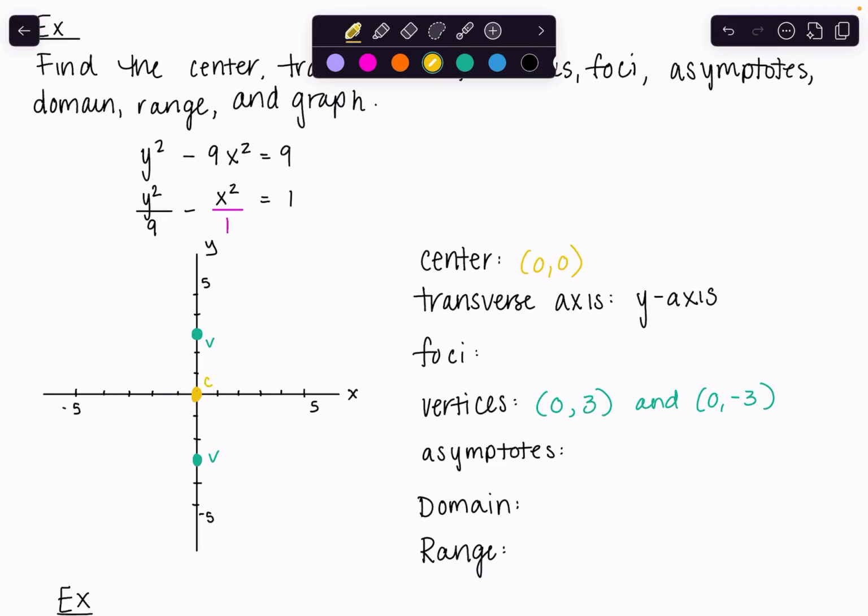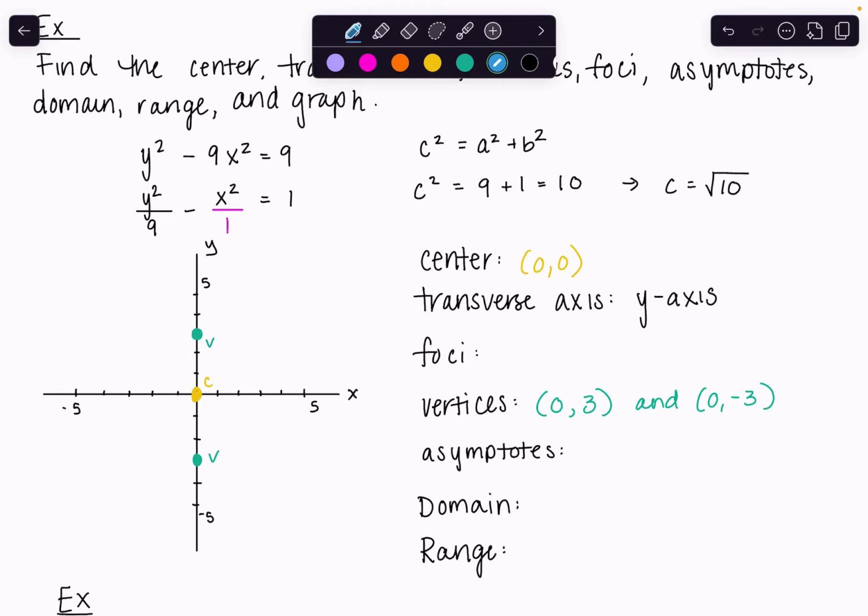Okay. Then I can also go ahead and find my foci. So in this case, again, I need to find c, but c squared is a squared plus b squared. And again, it makes no difference what the labeling is. You just go ahead and add the two numbers under x and y. So c squared is 10, which means our value of c is root 10. I don't have to worry about the plus or minus because the c is a distance.